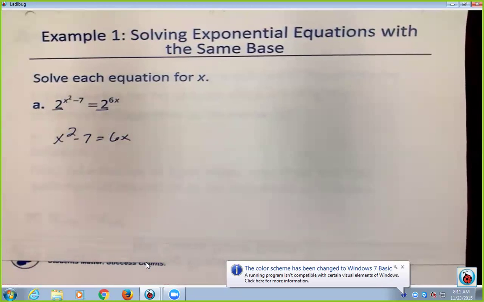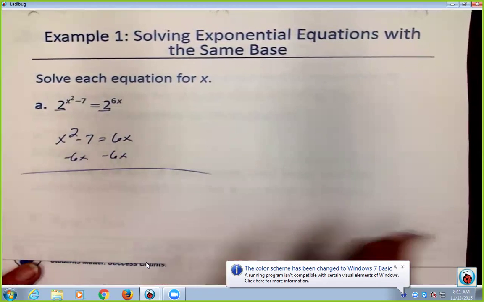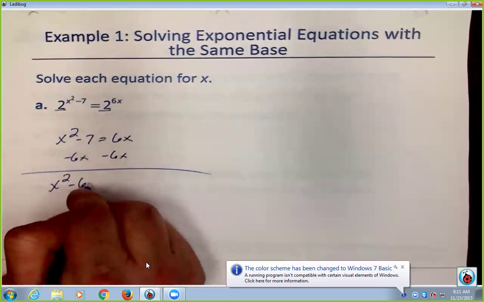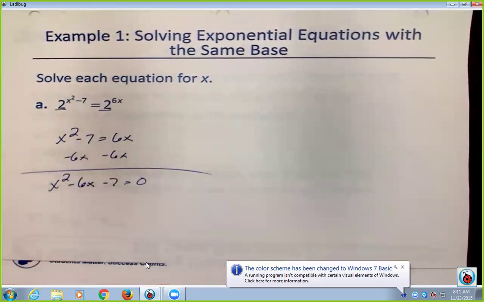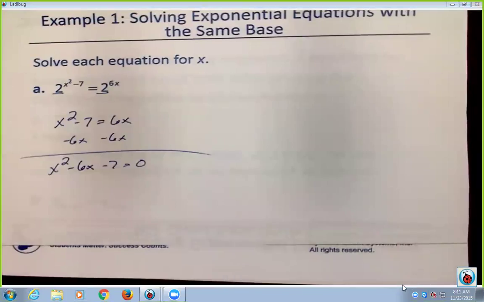So x squared minus 7 is equal to 6x. Subtract 6x, because we need to solve these. So again, a good review of factoring comes out because we have to be able to factor this one to get our answers.